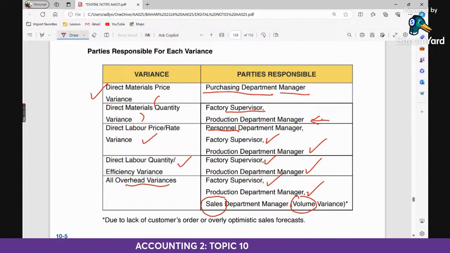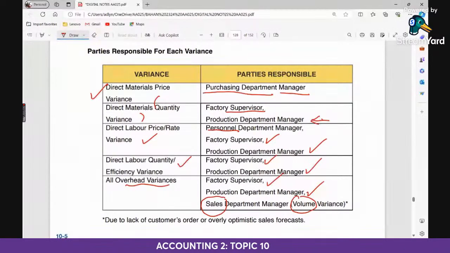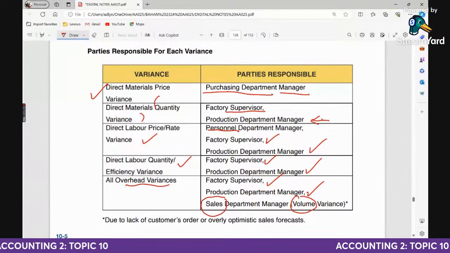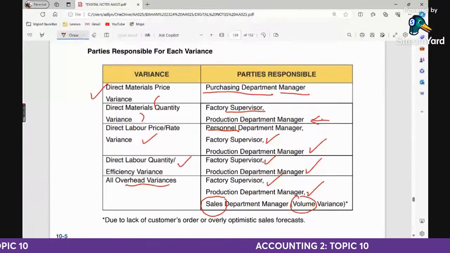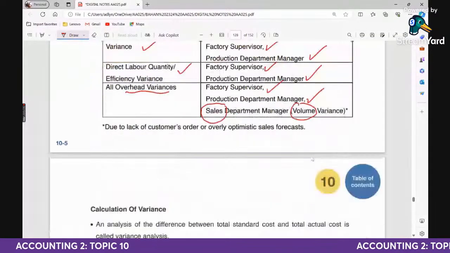Okay, so bila berlaku perbezaan dalam unit pengeluaran, of course dia akan affect jualan. Okay, so bila affect jualan, for sure your sales department manager adalah antara orang yang bertanggungjawab kenapa berlaku perbezaan pada volume tersebut. Okay, so ini adalah parties responsible for each variance.